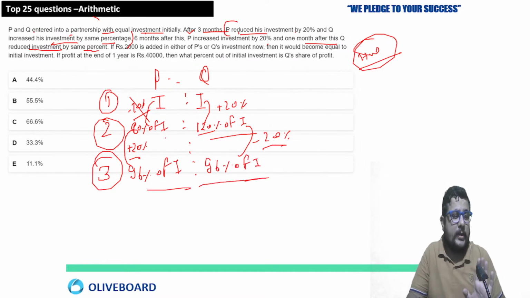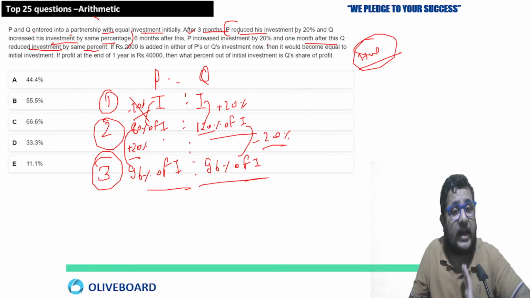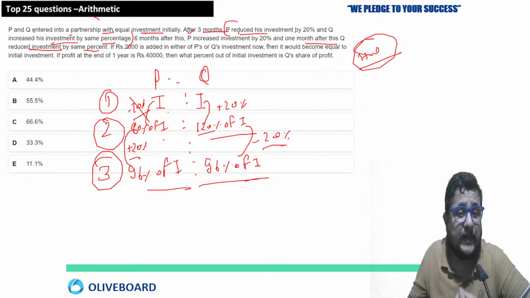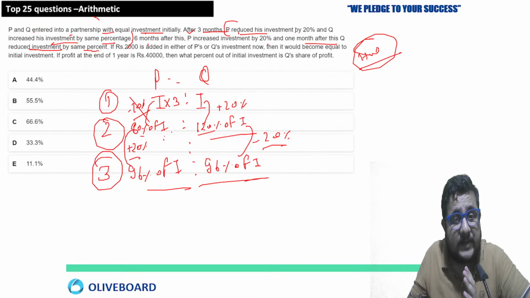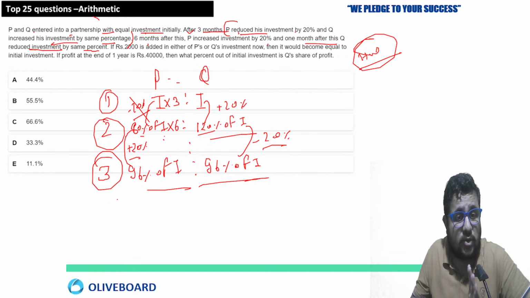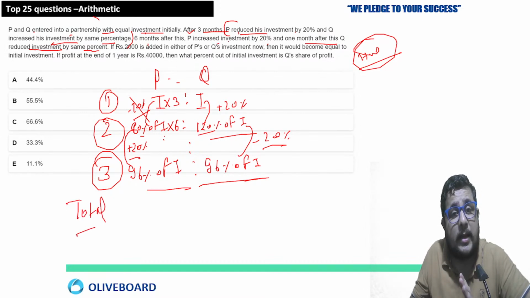So this is what I have mentioned about how the total investment changes, but they have also mentioned certain times. So the first 3 months, the investment was I. Next, after that, 6 months after this, this 80% of I is invested for 6 months. I'm talking about P. So what are we going to calculate? The profit ratio. What are they asking? P increased the investment by 20%, and 1 month after this, Q reduced the investment by the same percent.